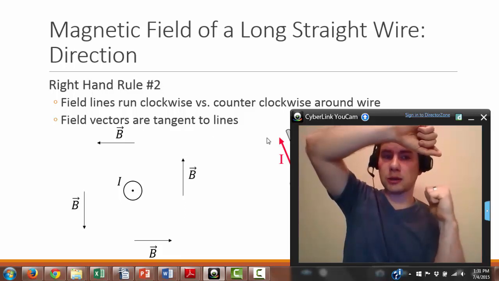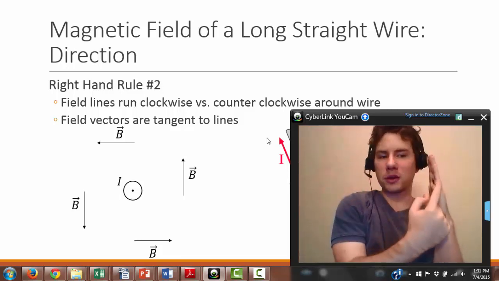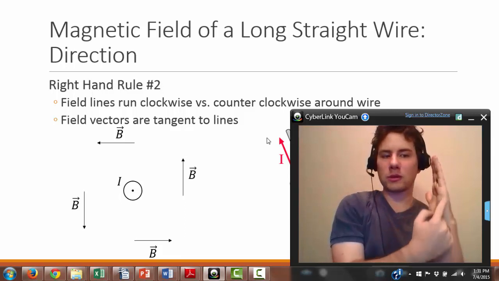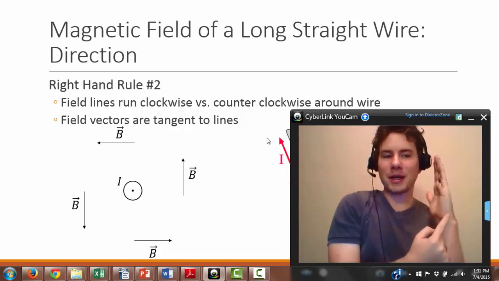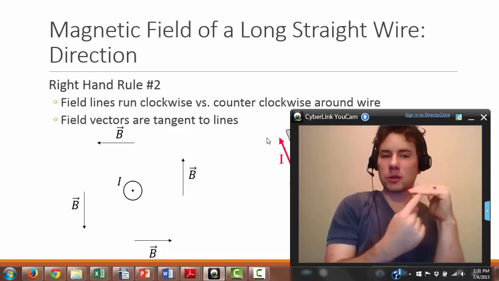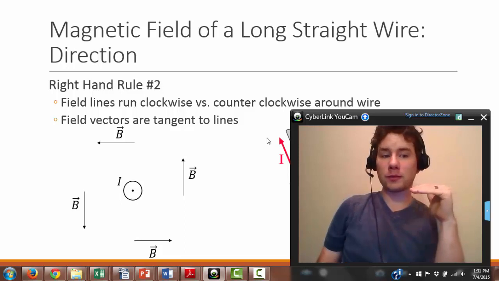Let's show how you get the left. Once I have my thumb in the right direction, and I know which way I want to find the magnetic field, I stick my fingers directly flat towards that spot, so that my finger bones line up with the bones in my palm. Then I bend my fingers 90 degrees, like that. Then my finger bones now point in the direction of the magnetic field, toward the left.